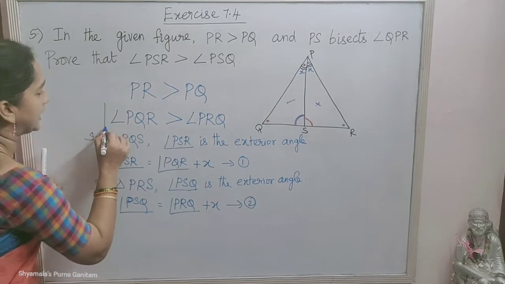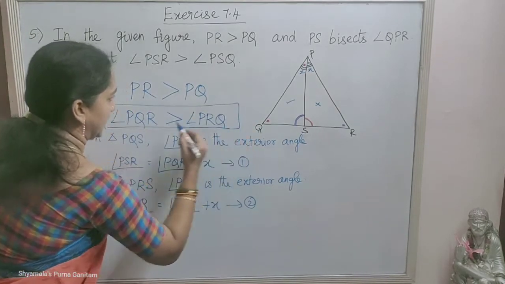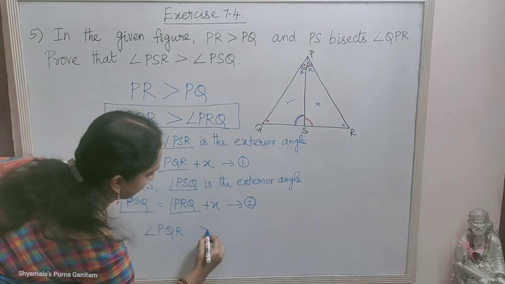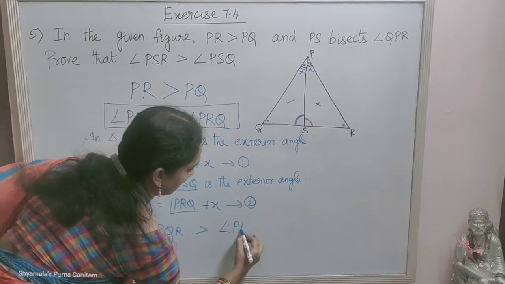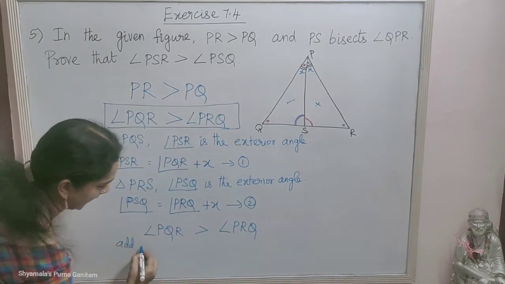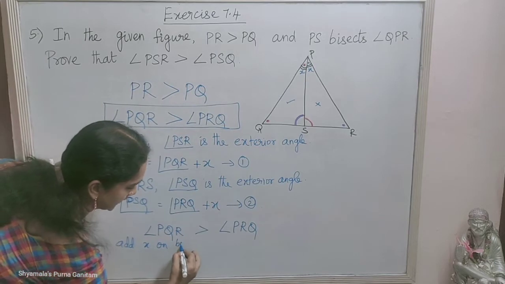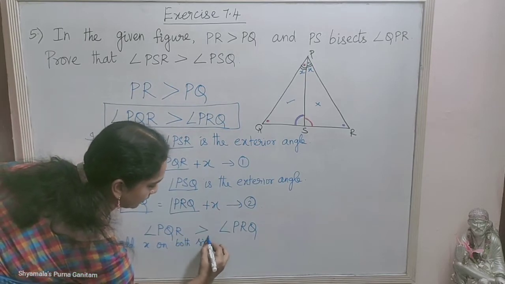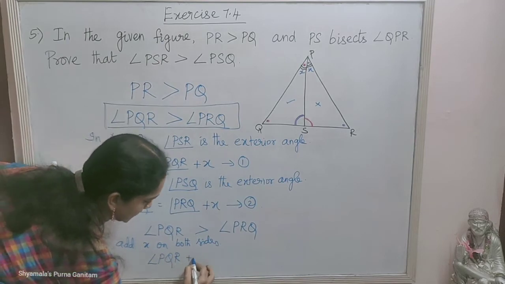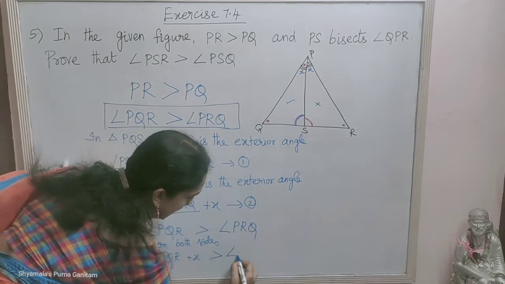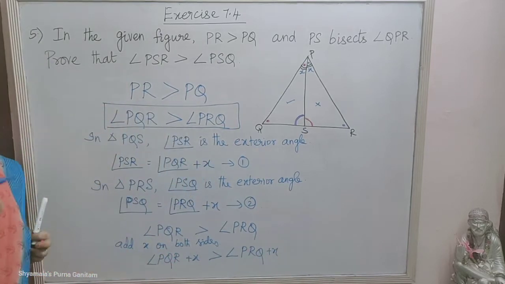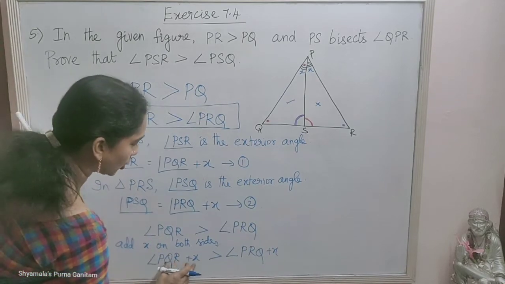So, if we take this statement, angle PQR greater than angle PRQ, and add X on both sides, what will we get? Angle PQR plus X greater than angle PRQ plus X.